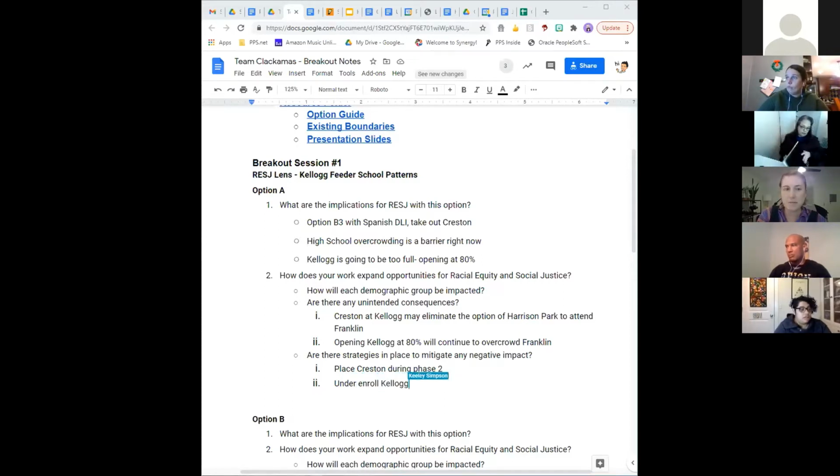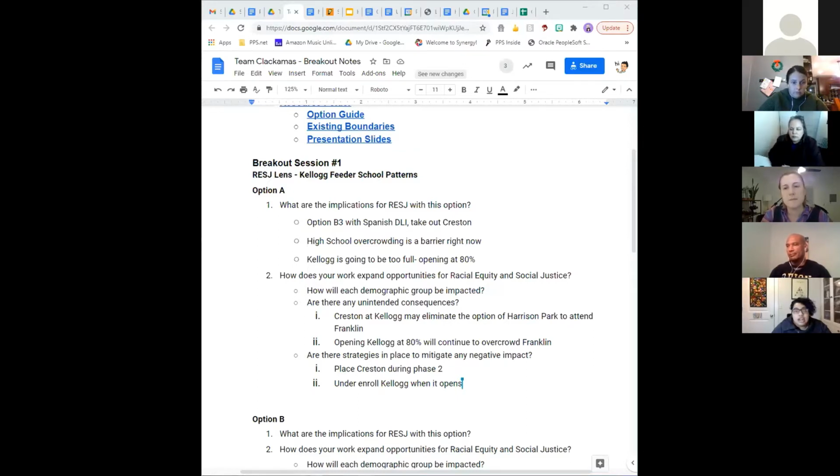That suggests to me definitely having to go with an option in phase one that puts Kellogg lower than we anticipate, right? I think, just looking at past history, it's a logical step to believe that a bump will happen solely because it's a brand new building.